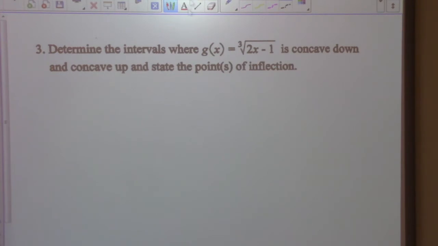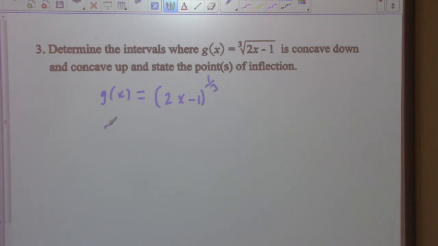Gavin was asking about this one here, and I said second derivative. So let's go ahead and find the second derivative by doing what first? The first derivative. All right, yep, Gavin's right about that.